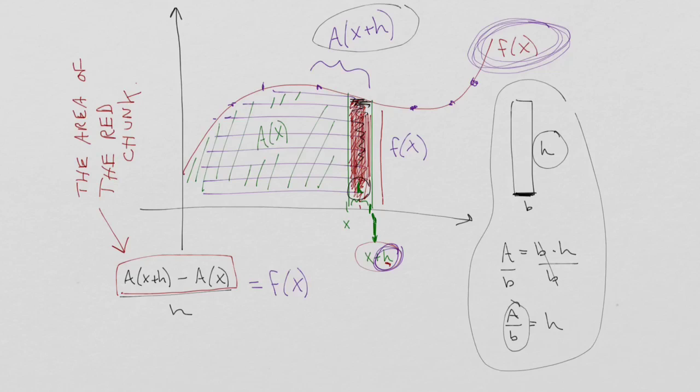So I can put a limit in front of this whole thing and let the limit of h approach 0. We're letting this horizontal distance get infinitely small. I'm hoping that as you look at this thing, you're like, oh my goodness, I know what this is. This is the limit definition of the derivative.